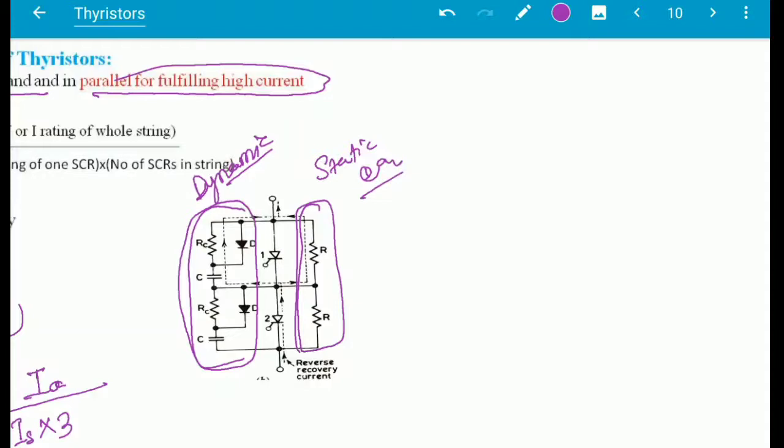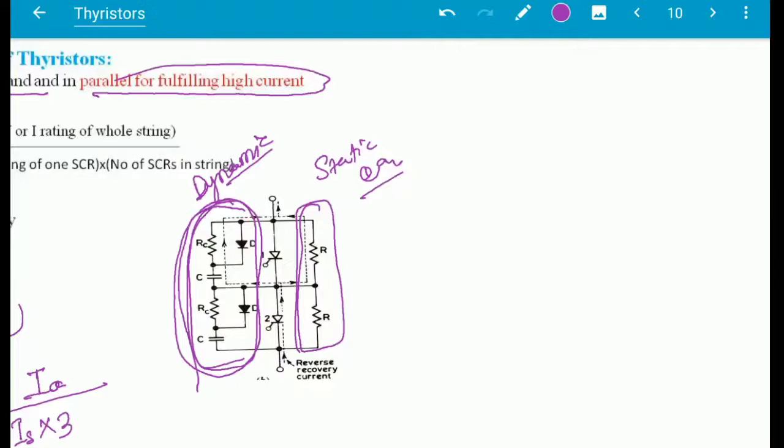The static equalizing circuit is used for maintaining constant voltage across the thyristors in case of series connection, and dynamic is used for maintaining constant voltage across the thyristors at transient conditions.